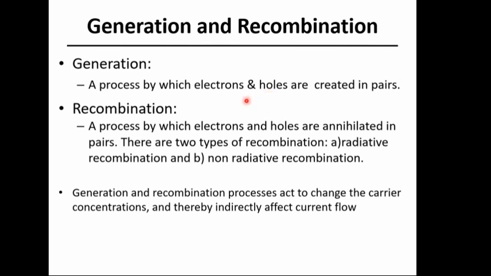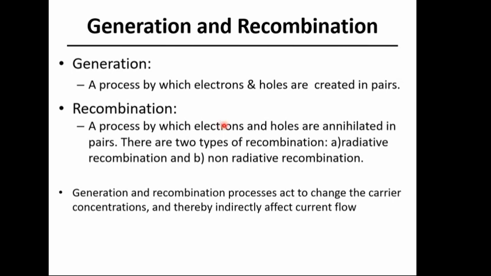The same thing applies if an electron from the valence band went up to the conduction band, where it found a vacancy and sat on it: it created an electron-hole pair. So that's what we mean by generation.